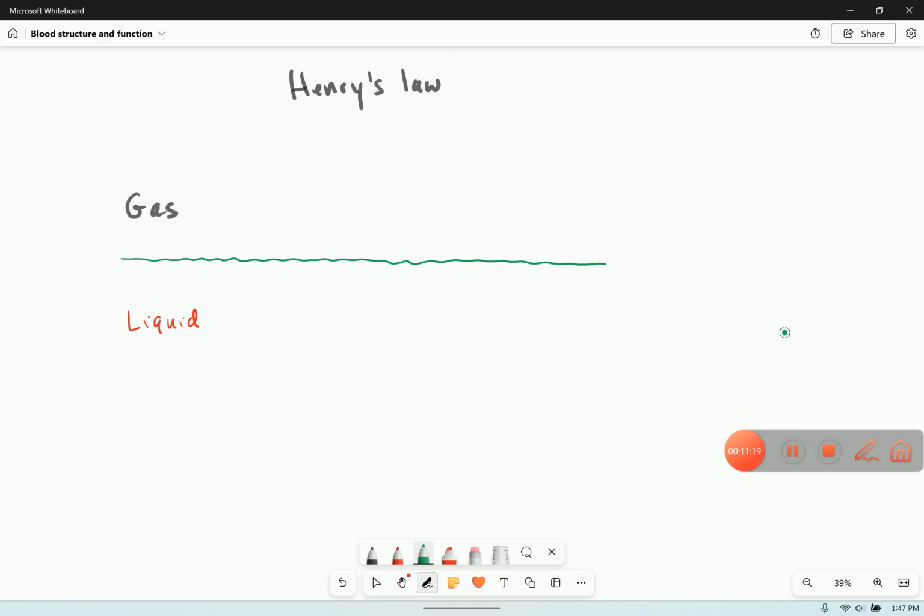So there's the skin of the alveoli, right, which is made of simple squamous epithelium, and you've got the pulmonary capillaries, which has their own layer, also simple squamous epithelium. And so that's what this line represents, essentially the skin of the alveoli and then the skin of the pulmonary capillaries. Okay, so we're going to have gas and we have liquid.